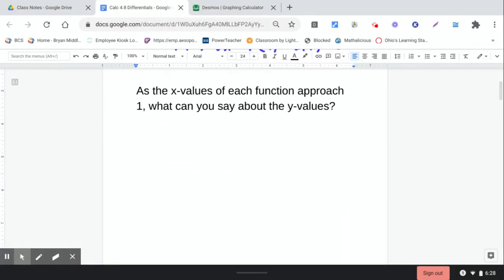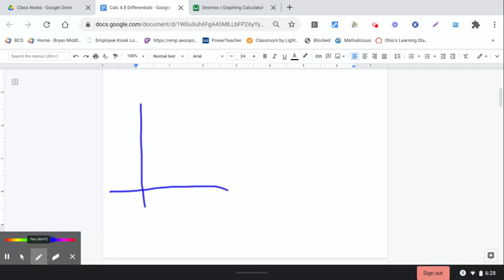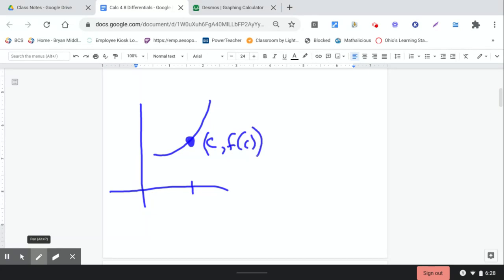So let me just get some blank space to write. So if we have just any function, doesn't really matter what it looks like. Okay, so let's just say it looks like this, and we have a point here. I'm going to call this point C, that's the x value, c, and then the y value is f of c, okay?